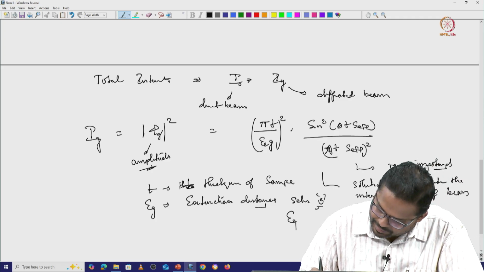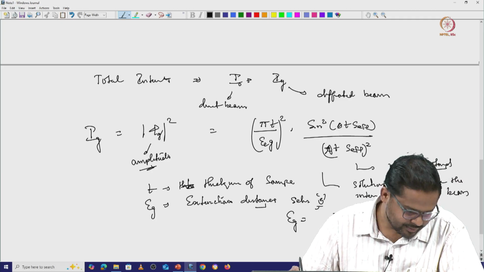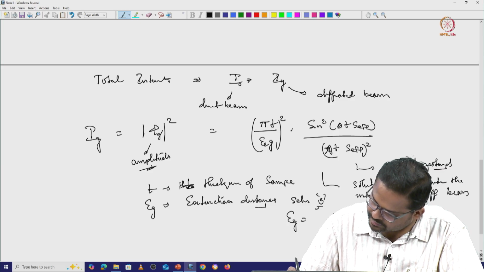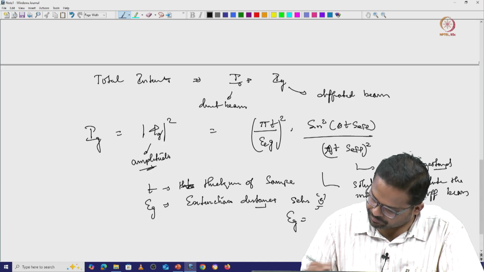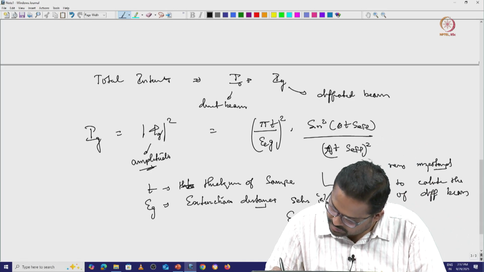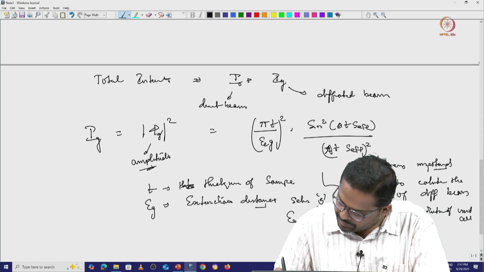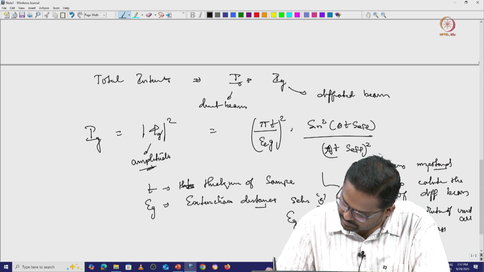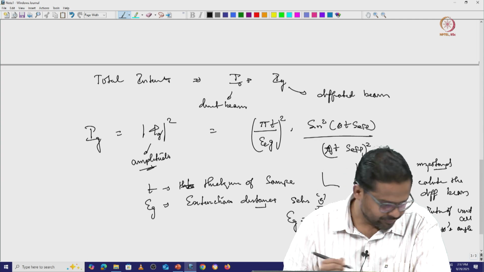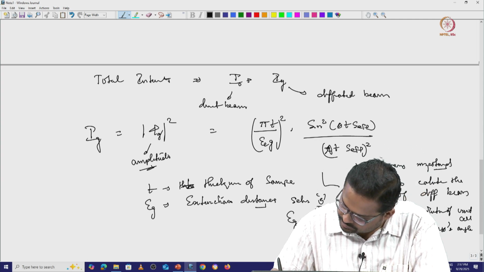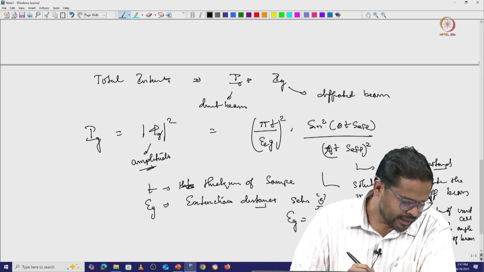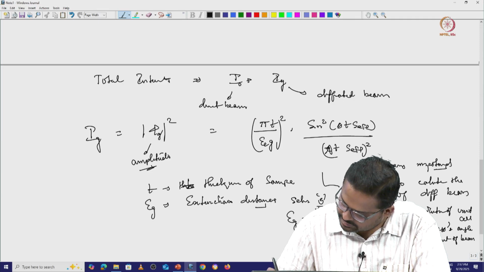So, here the psi g is given by pi V cos theta b divided by lambda Fg. So, here V is the volume of the unit cell, theta b is the Bragg's angle, lambda is the wavelength of the beam, and Fg here is the structure factor.